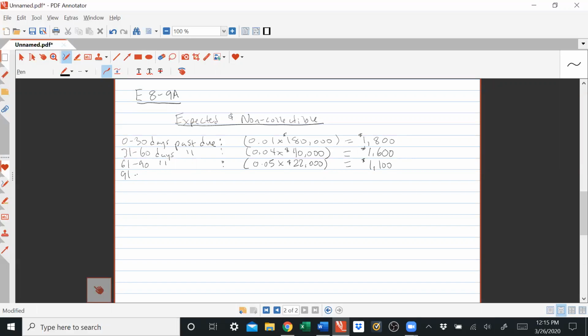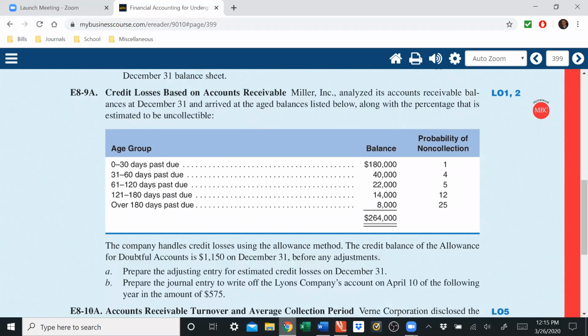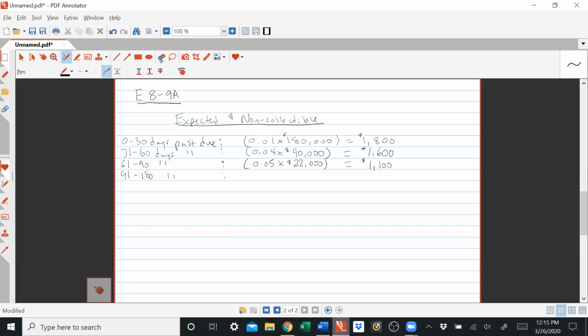And for the 91 to 180 days past due, we have, oh, whoops, sorry. 61 to 120 is 22,000, sorry. 61 days past due to 120 days past due. And the next category is 121 to 180, and then over 180. Fine, whatever, just getting the categories right.